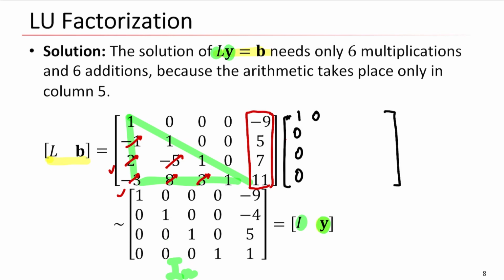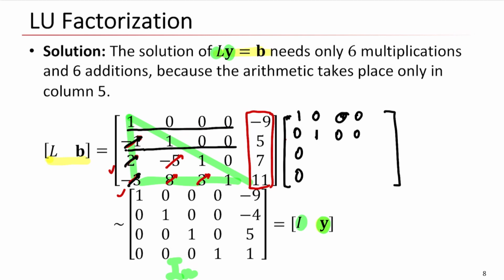First of all, to eliminate this term and this term and this term, we can compute R2 plus 1 times R1, right? So in this case, just 1, 1, 1.